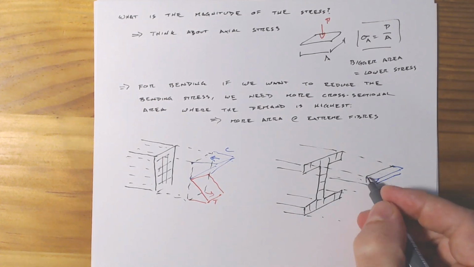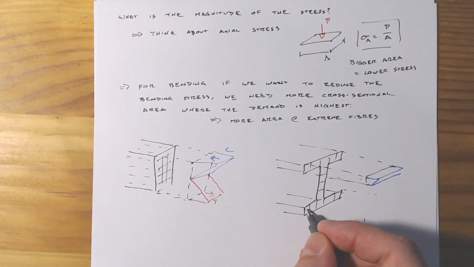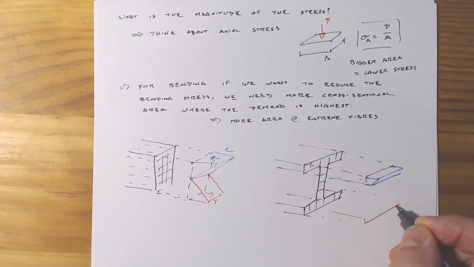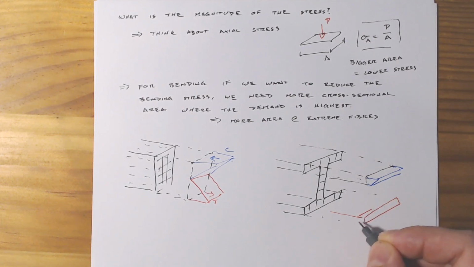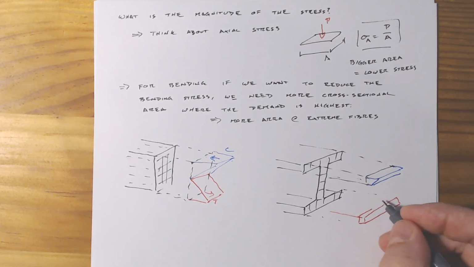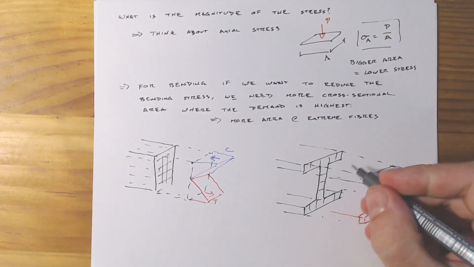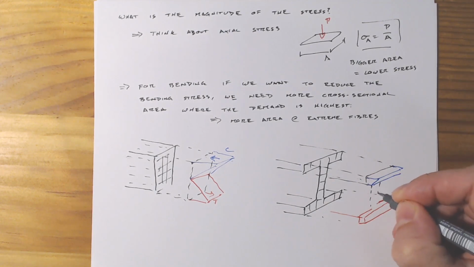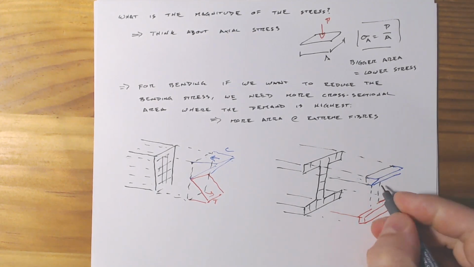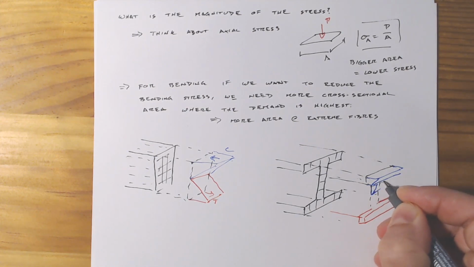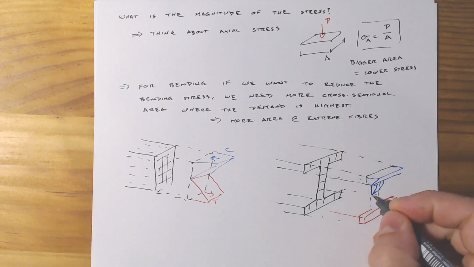And then in tension, and then obviously as we come through, we've got some little bit left down here in the web of the I-section.